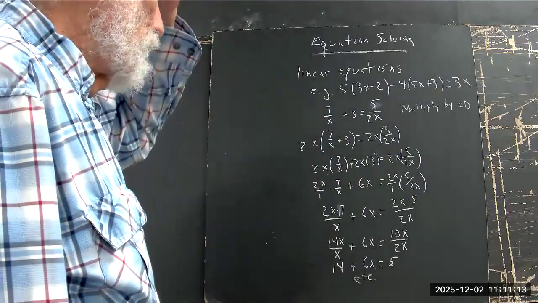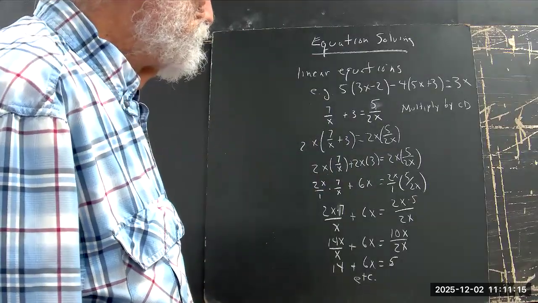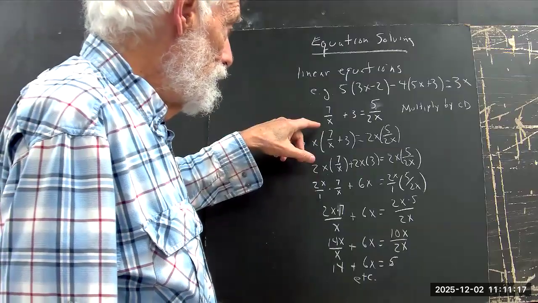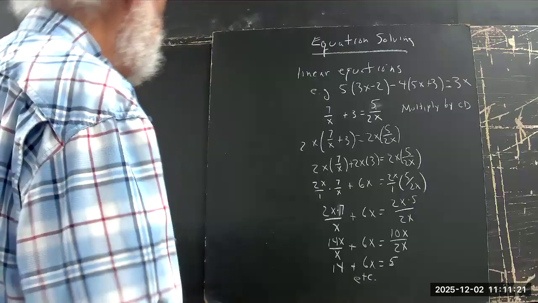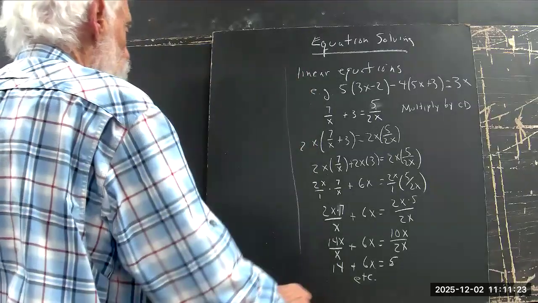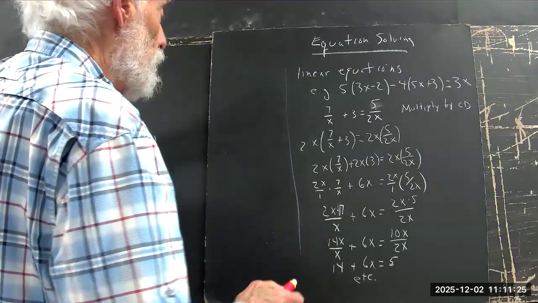All right. So this does give you a linear equation. Now, the next type of equation is a quadratic equation.